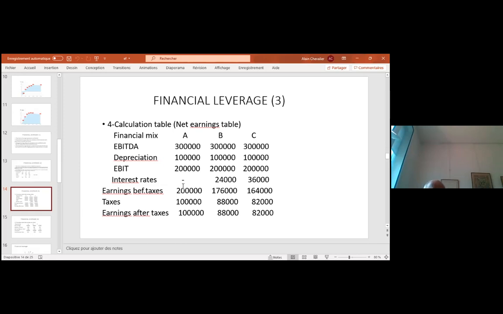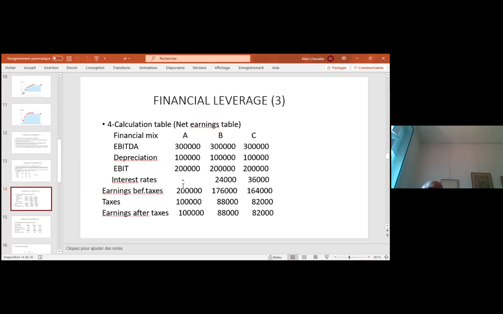And when you look at this table, the accountants probably think that it is much better to be financed by equity, because at the end of the process you have higher earnings, even if you pay more taxes than with the case C, where you get 75% of debt.